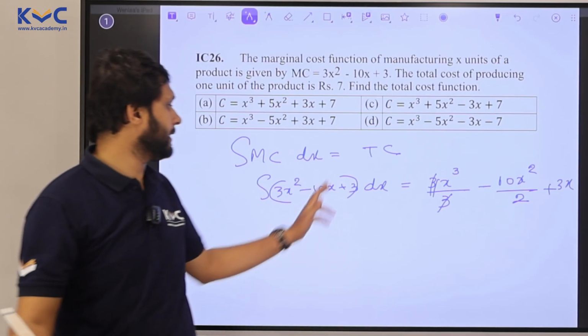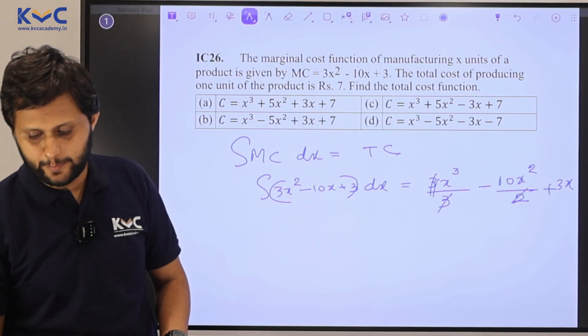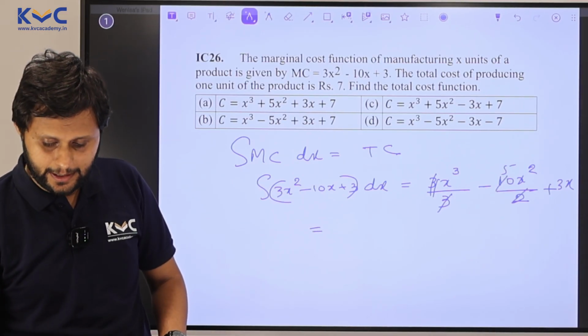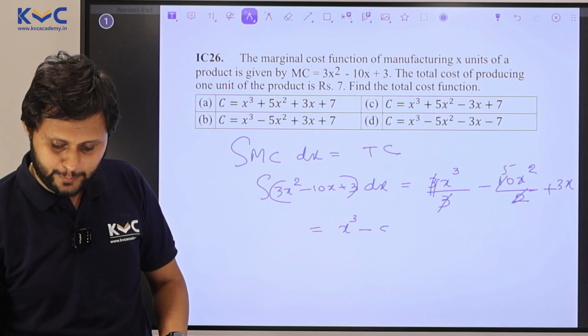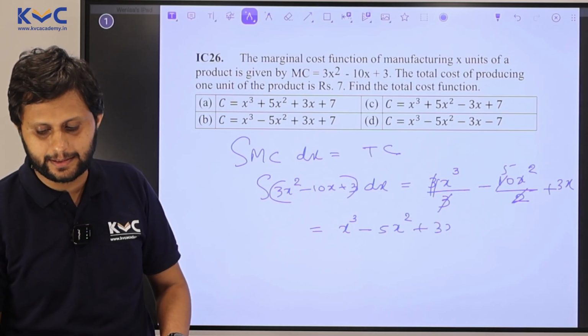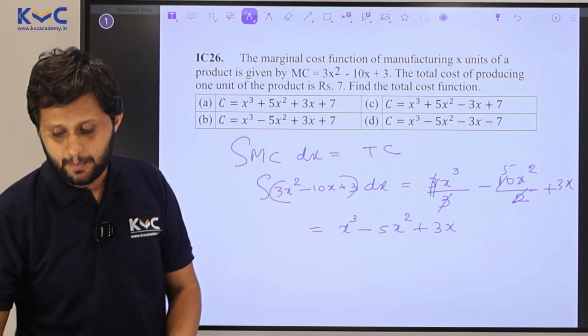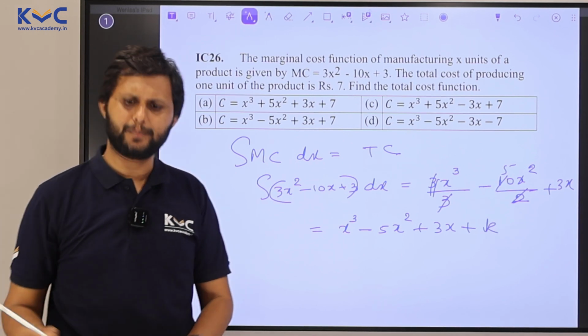Integration of 3 is 3x. Here also I can simplify, 2 goes 5 times. So I get x cube minus 5x square plus 3x plus k.